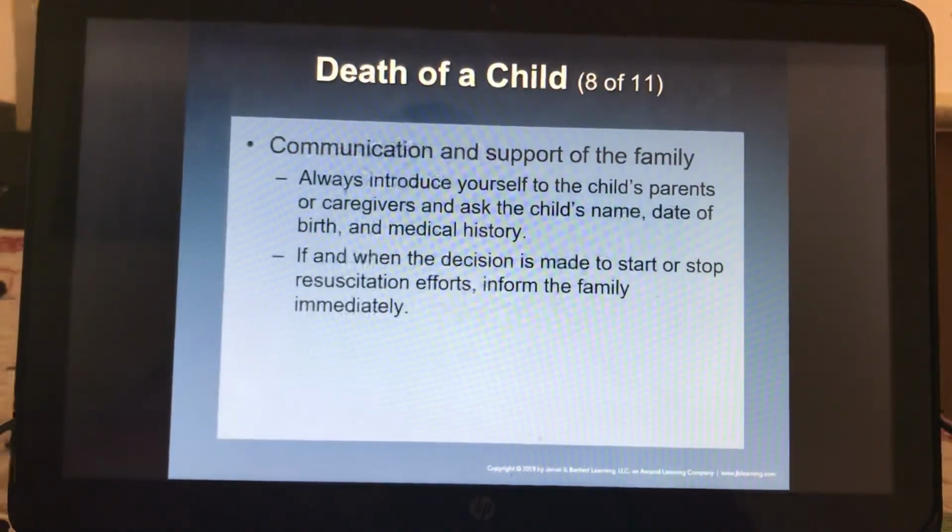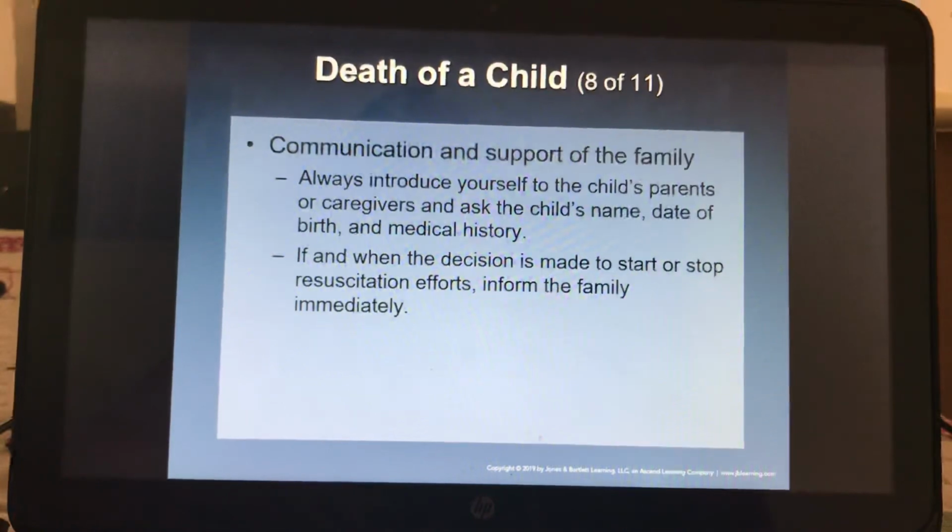Again, could be anything. Don't give parents false hope. If the patient still appears to be viable, don't say, yeah, we're going to do everything we can to try to get him back. Don't do that. You need to sound somewhat pessimistic, but give some sort of optimism.